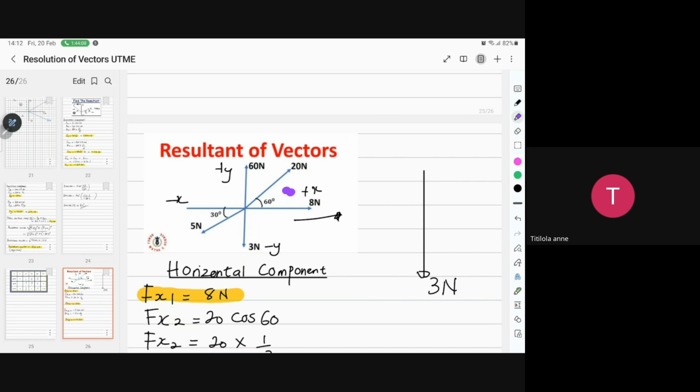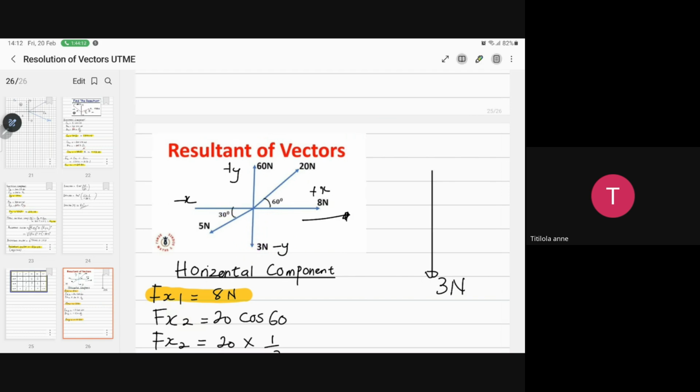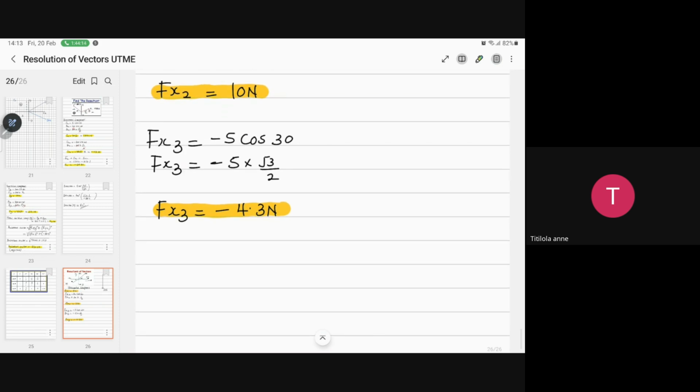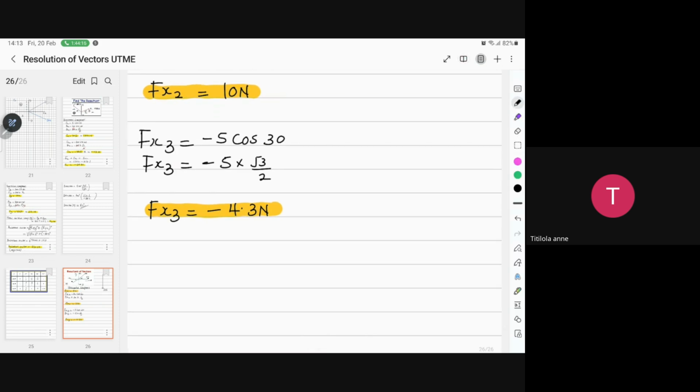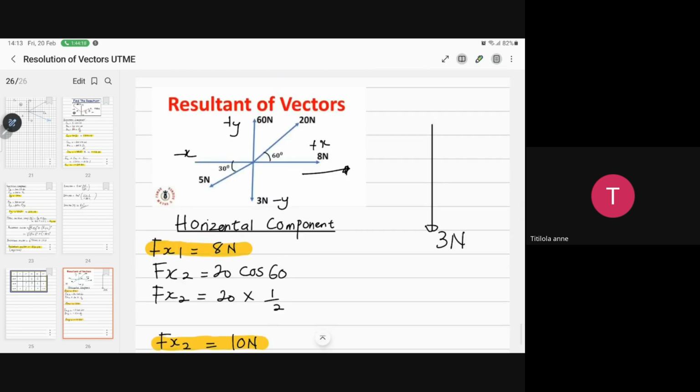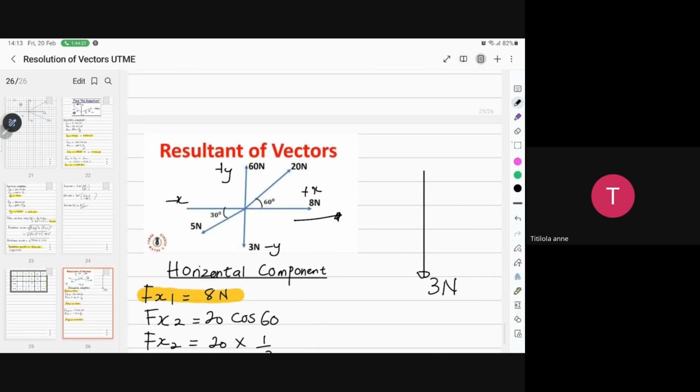So the key, guys, is what? 20, 60, 3, and 5. So let's look at 20 now. 20 is going to be sine. For the vertical component, let me quickly copy that so that we don't have to be scrolling up and down for that.